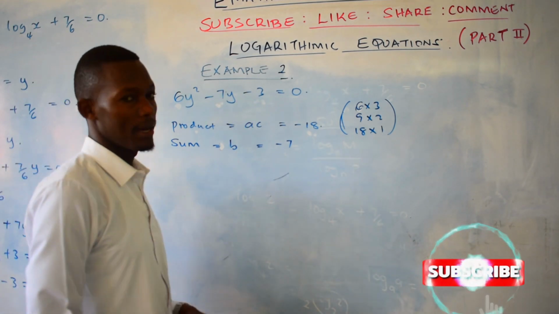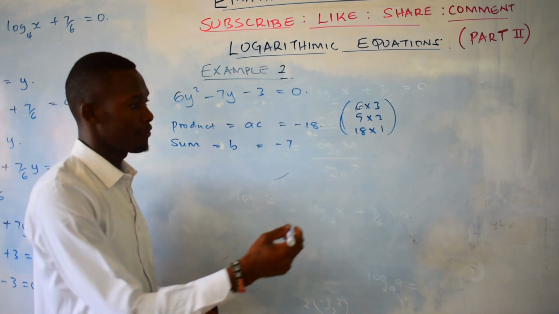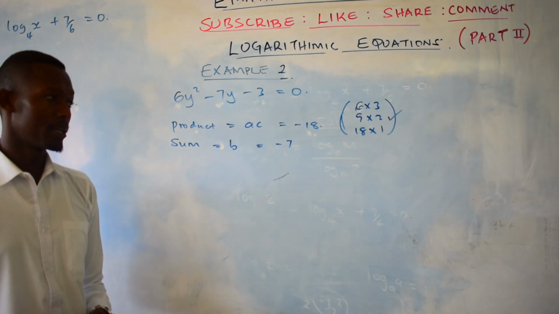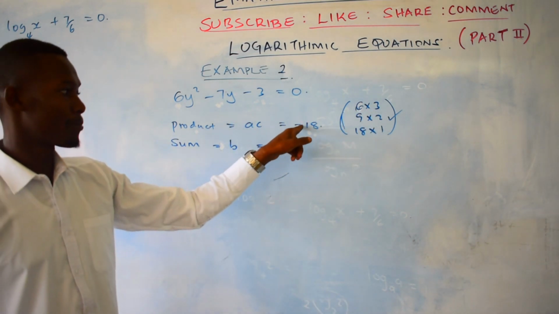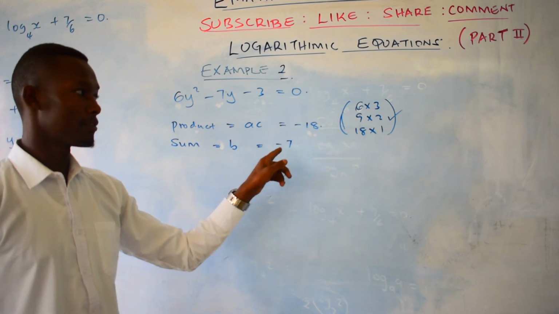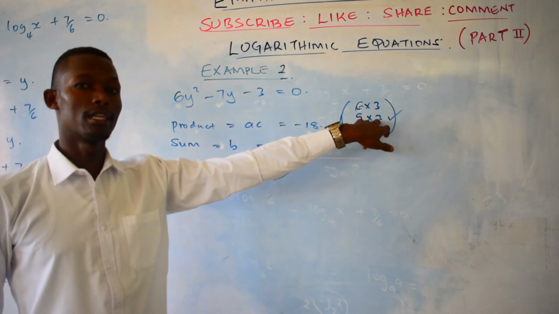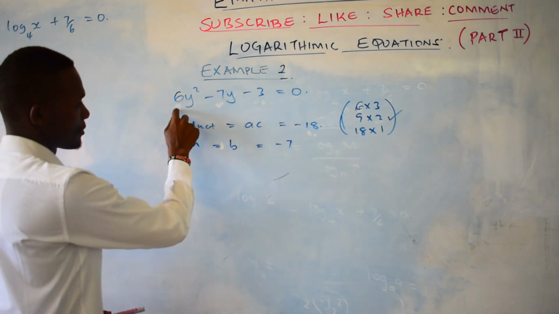You can check them through and you will find out that these two numbers will give you the best combination, where one of them has to be negative, because you can see the product and the sum are both negative. So which one will we put as negative? Basically, we'll put negative on the 9.